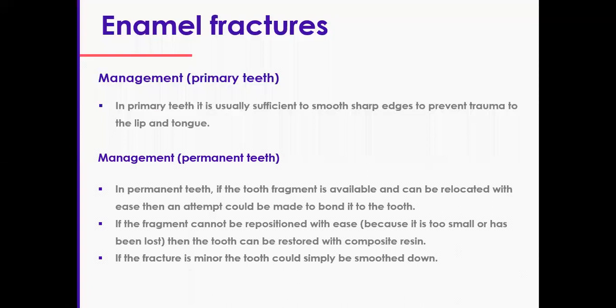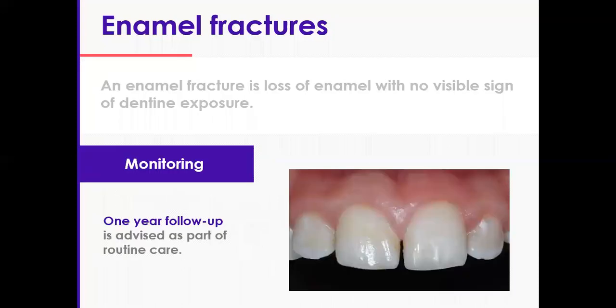In these cases, just restore with composite, or if they're very tiny, just polish it up. You may not even need to do any bonding. And monitor like infractions on an annual basis, with clinical sensibility and radiographs.